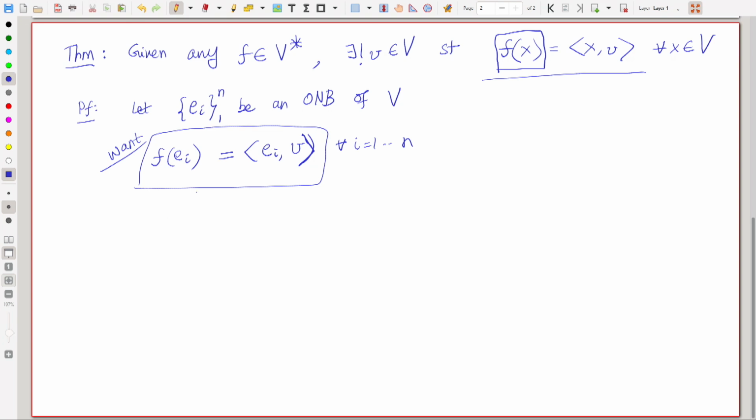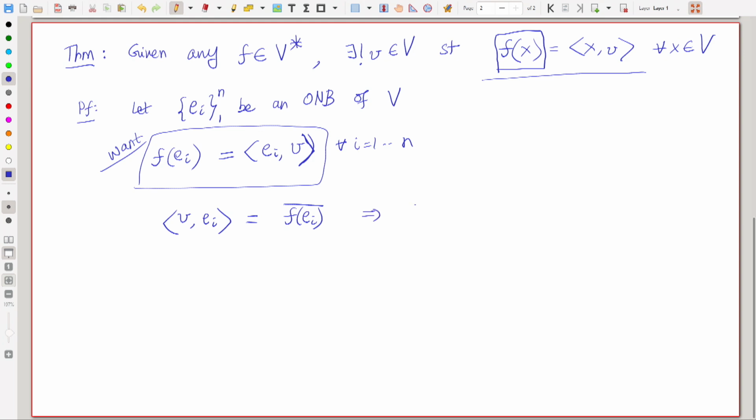Why? Because this tells me what the inner product of v with every e_i is. I will just take conjugate on both sides, just switching the order. In general it will become conjugation over the complex numbers. So, the inner product of v with every e_i is nothing but the conjugate of f of e_i, and f is given to me, so this is some complex number which I know.